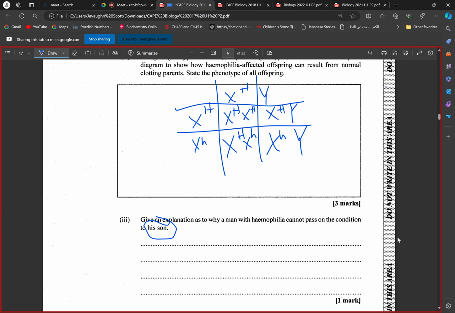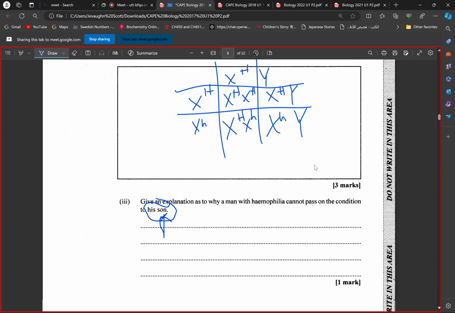It's sex-linked on the X, and if it's a son, the Y chromosome will be passed on, therefore not carrying the gene. Lovely.